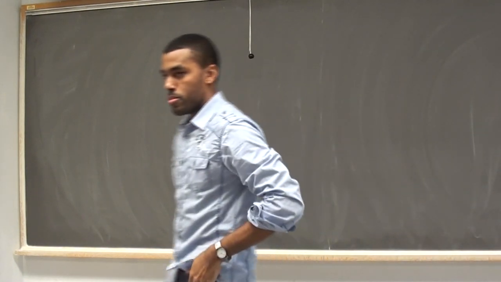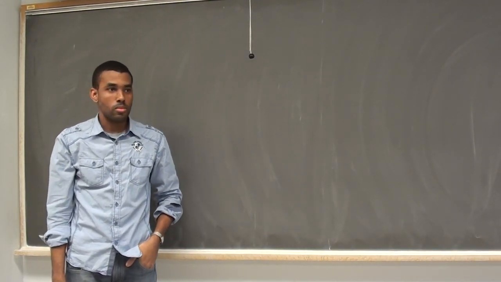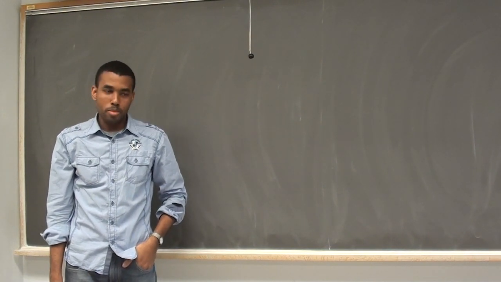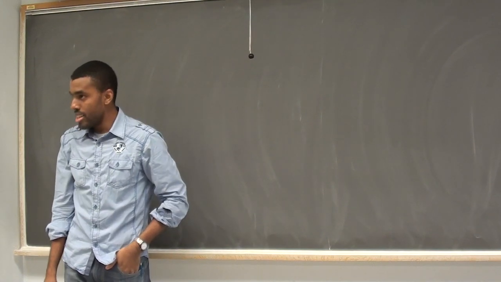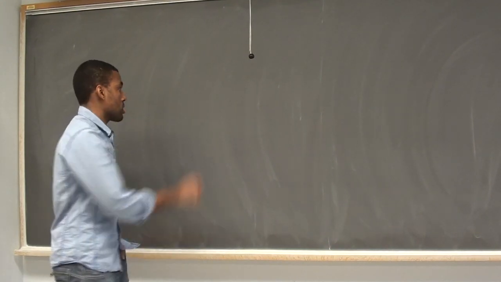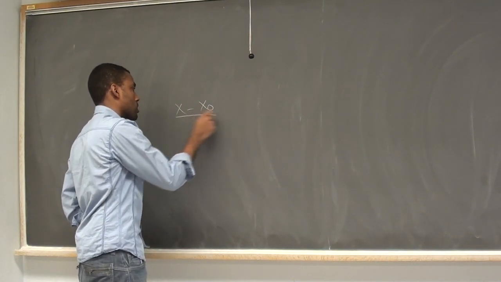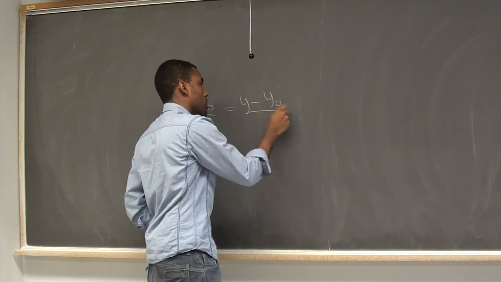So, what's the general form of a line? What does a line look like? I'm not talking about the algebra y equals mx plus b part. Calc 3. A straight line in 3 dimensions, what does it look like? x minus x naught over a, and do the same thing for y over b.